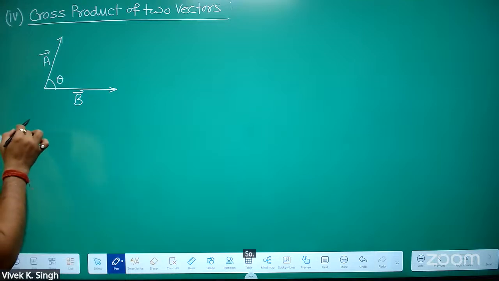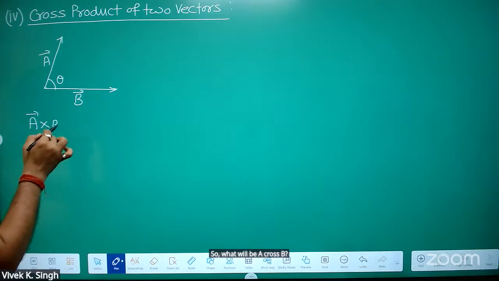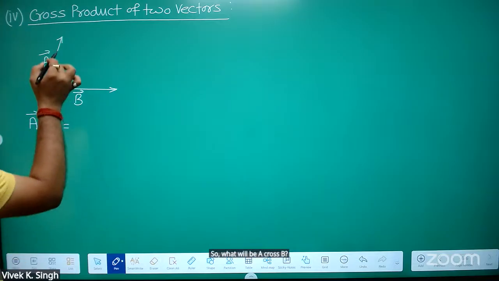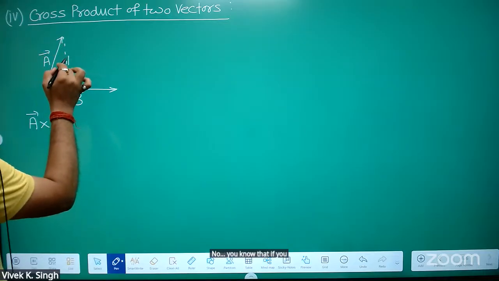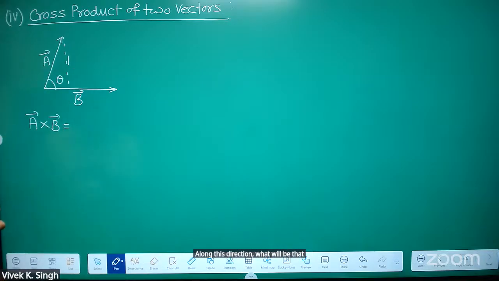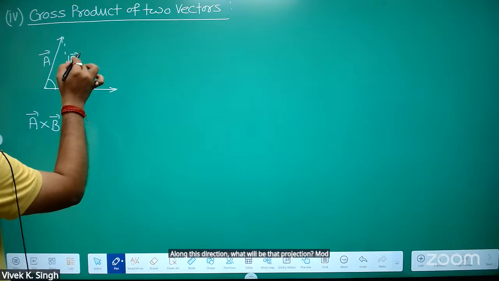So what will be A cross B? Now you know that if you take the projection along this direction, that projection will be mod A sin theta.